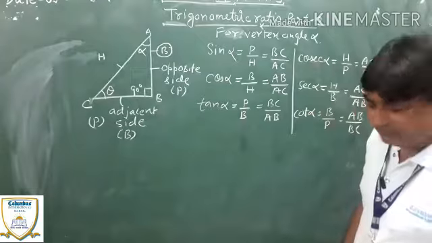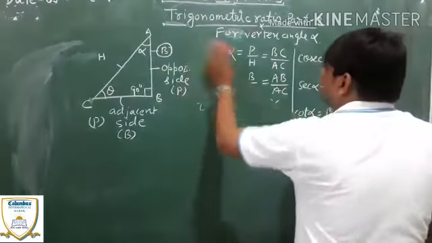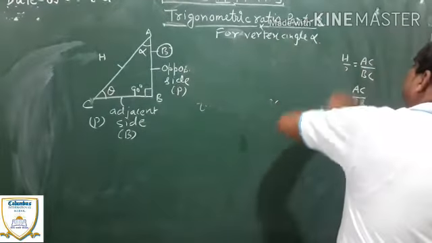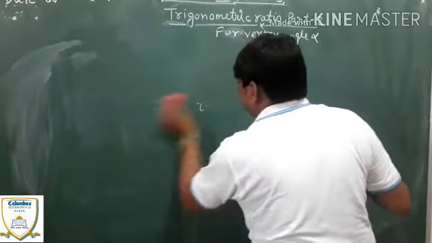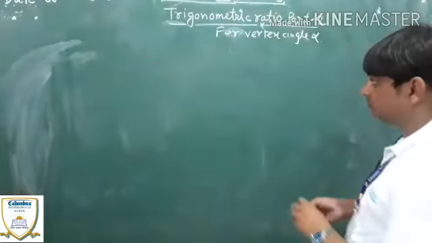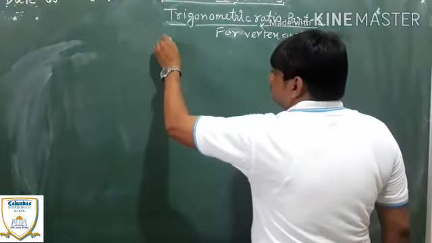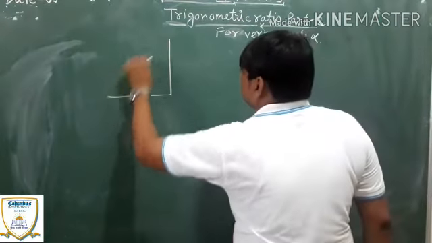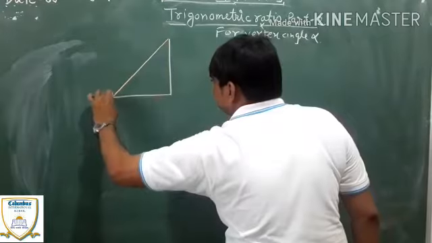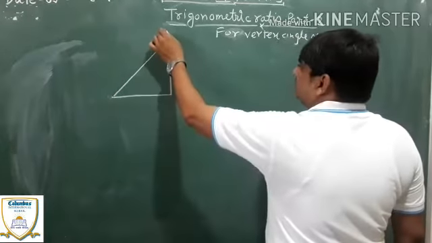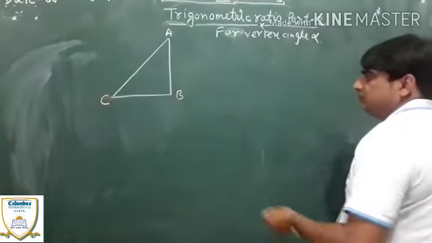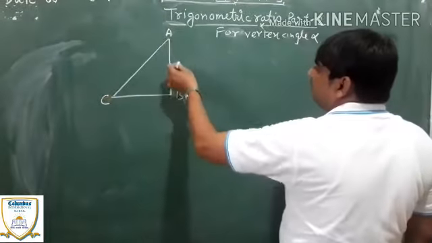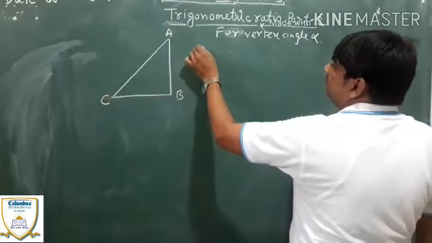Student, if you want to find the trigonometric ratio, how can you find it? Let's see. Suppose this is right angle triangle ABC and the value is given.